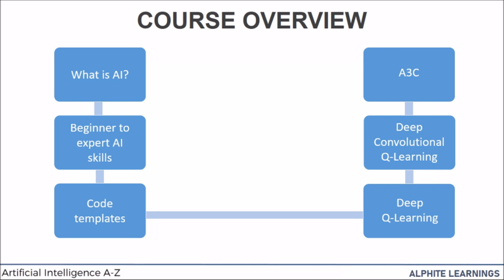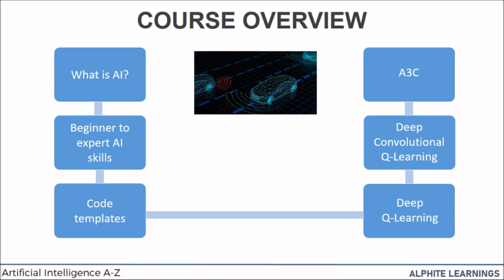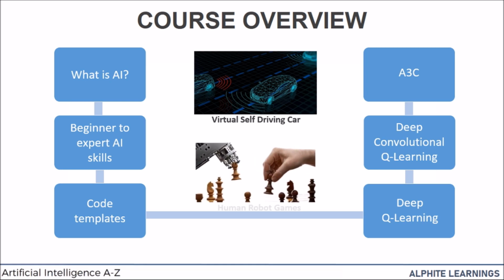The basic things we'll be covering will also include hands-on work. Once we are done with our learning, we'll look at a virtual self-driving car. Moving on, we'll develop a human versus robot game, in particular a board game, where a user and a robot, or a user and a machine, will be playing.